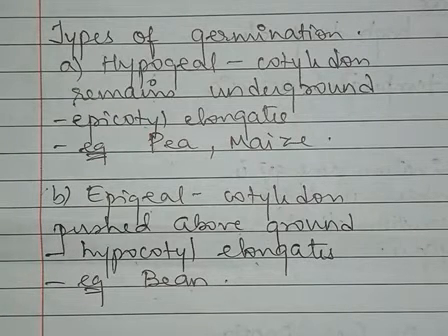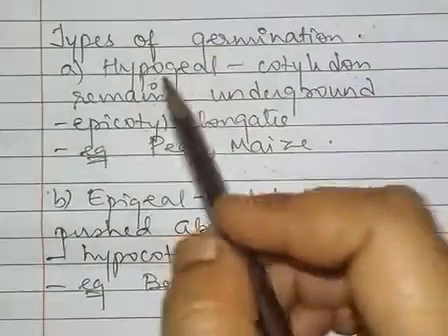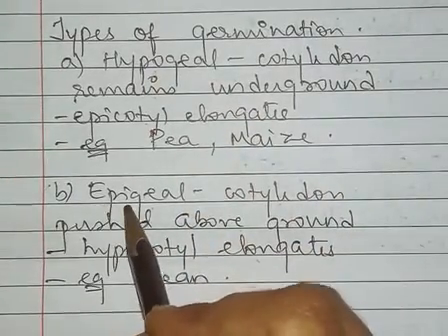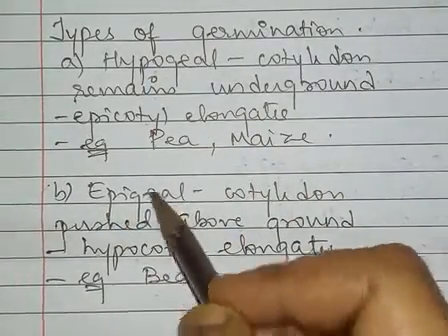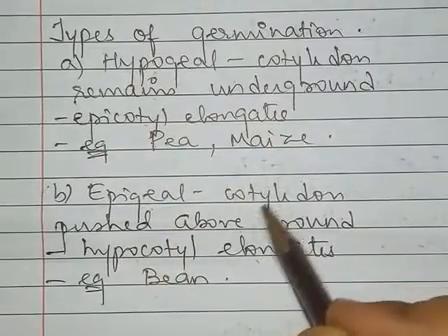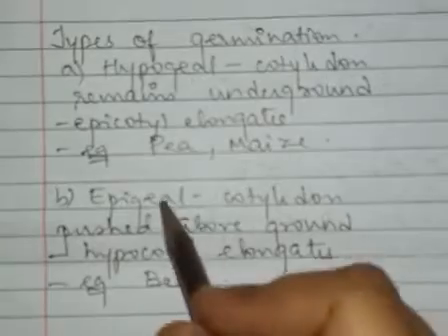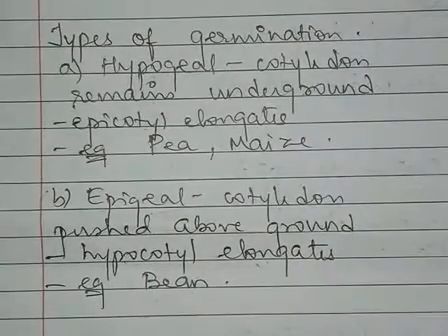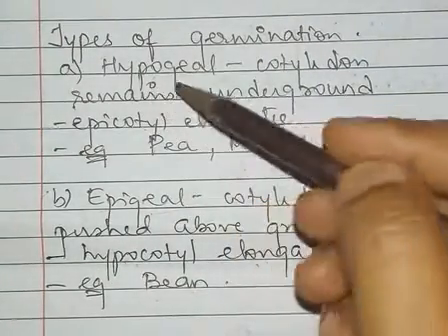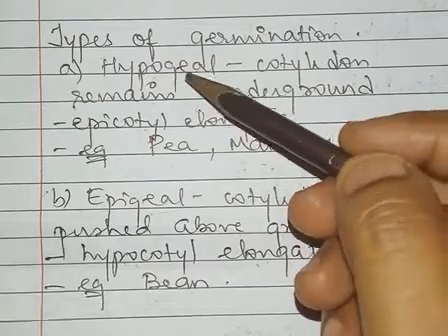So what is remaining below the soil? The cotyledon, right? Because of the elongation of the epicotyl, that is why it is called hypogeal germination, right? Same way, epi means above, geo means soil, above soil. So the cotyledon is pushed above the soil because of the elongation of hypocotyl, that is why it is called epigeal germination. Okay, it is very easy to remember.